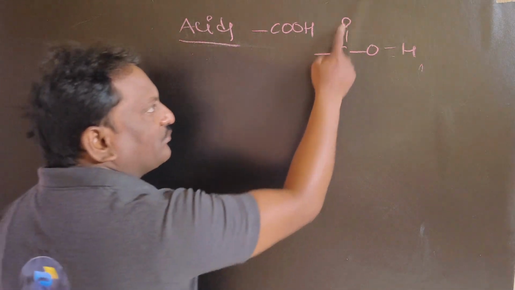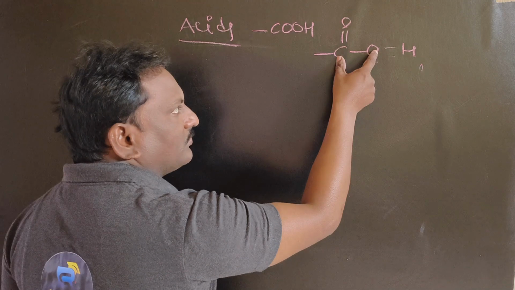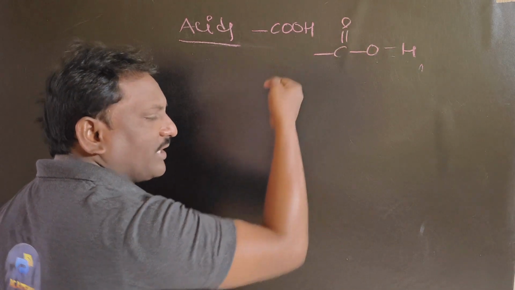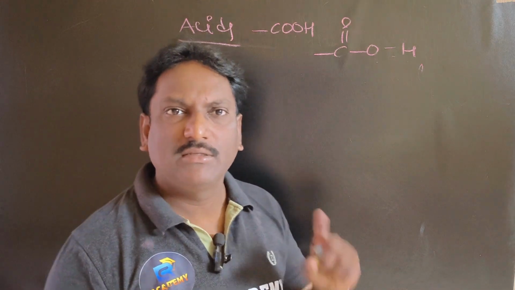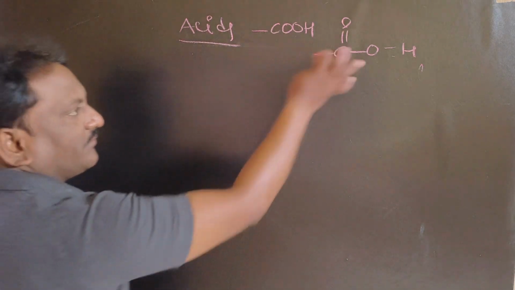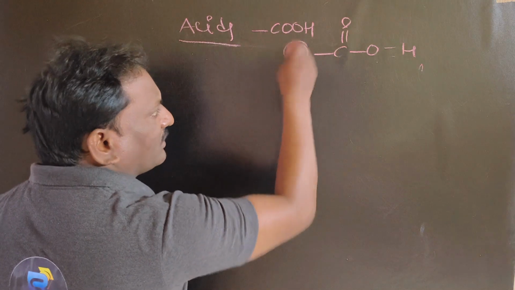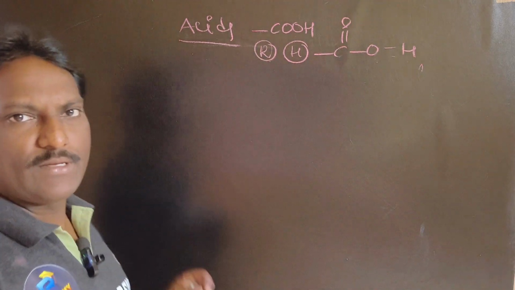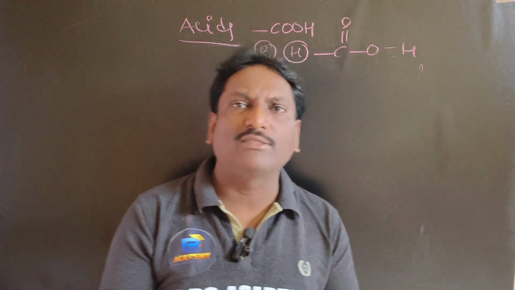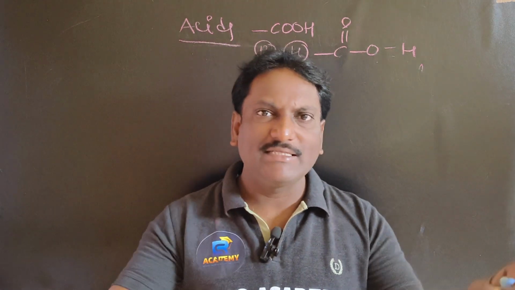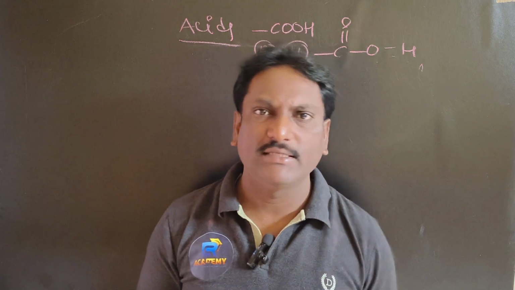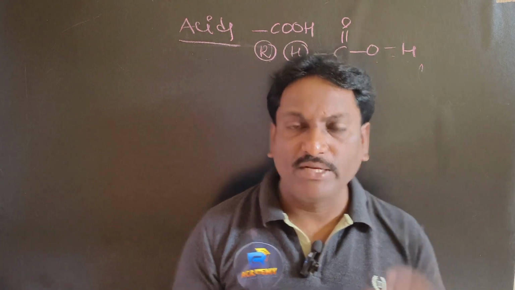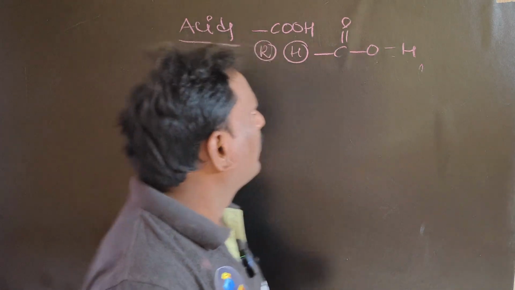The COOH group must be attached to hydrogen or carbon to be considered an acid. If the carboxylic acid group is attached to hydrogen, it is also considered an acid. If it is attached to carbon, it is also considered an acid. Please keep that point in your mind, right?